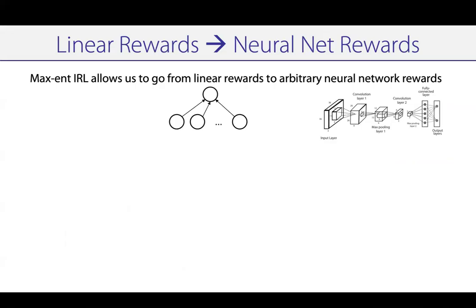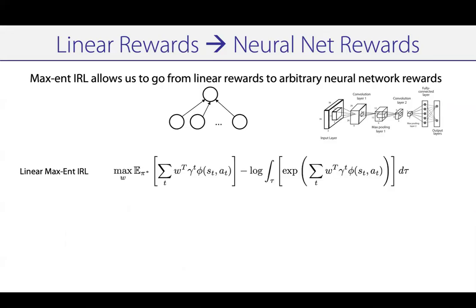Instead of writing our reward as w transpose φ, let's write the reward as some neural net which takes in s and a. You can reinterpret MaxEnt IRL as pushing up the reward on expert demonstrations and pushing down the reward on demonstrations from your soft optimal policies, but that doesn't have to be linear.